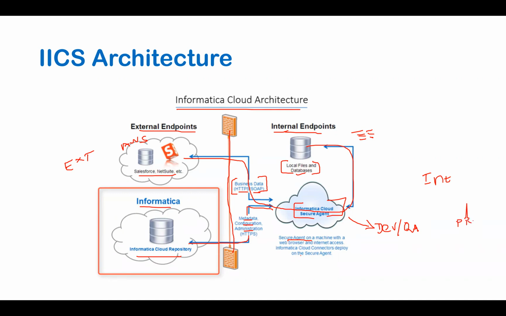So the prod secured agent will be a different one. You will see this whenever you are logged into the system, the secured agent only. So this is what our IICS architecture will be. So what is IICS? Informatica Intelligent Cloud Services.